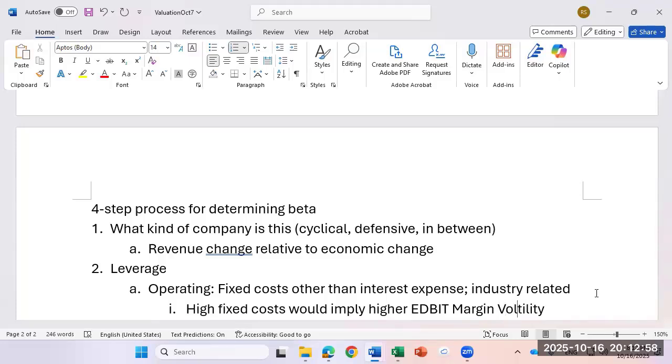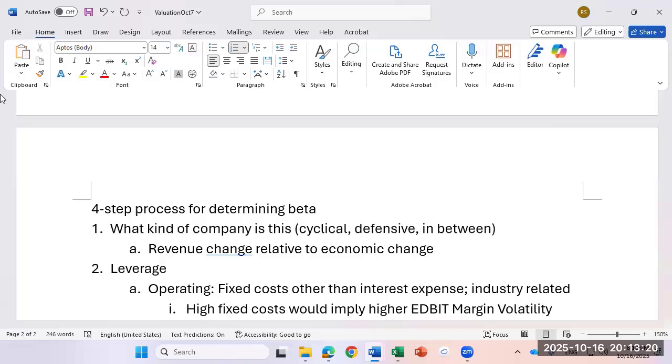So that's my theory. If a firm has a lot of fixed costs, their EBIT volatility should be higher than a firm with low fixed costs. I can't prove that to you mathematically, but that's just my philosophy. And it seems kind of obvious, right? If you have costs you've got to spend no matter what your revenue does, your margins are going to be pretty volatile.